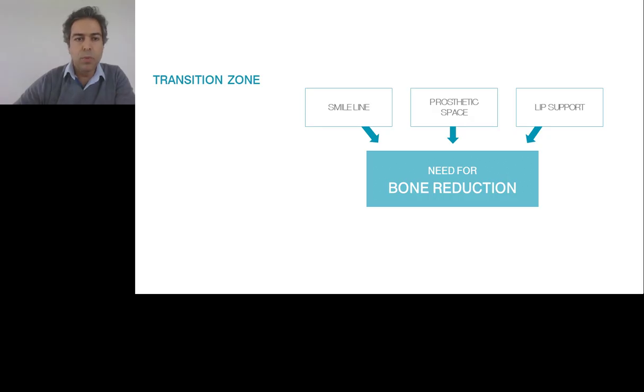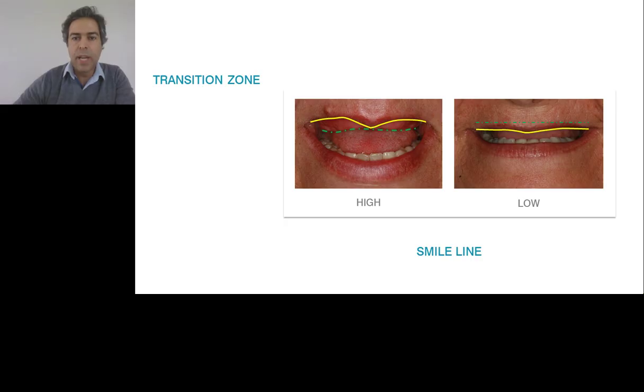For the prosthetic space, we know we need at least 15 millimeters for this kind of Malo Clinic bridge. The lip support is also important, but the main issue is the smile line, because especially in the maxilla, we have to take a picture of the patient smiling at the beginning of the treatment to check the smile line.